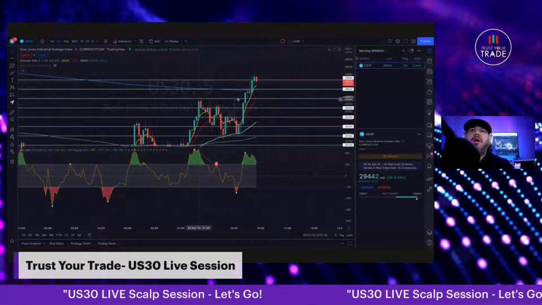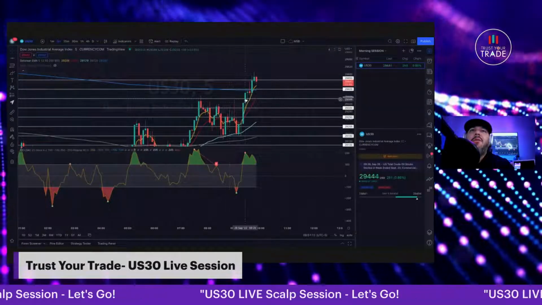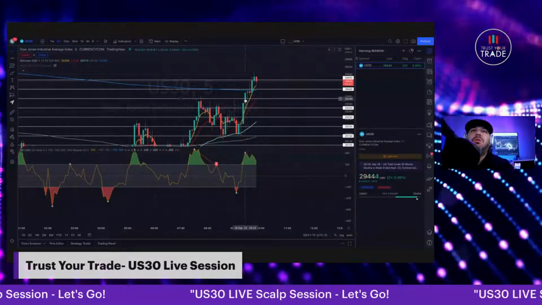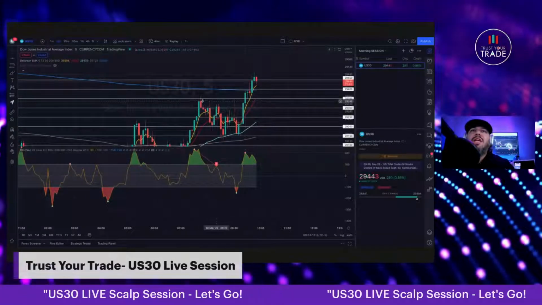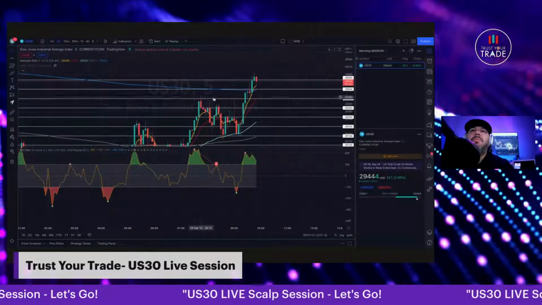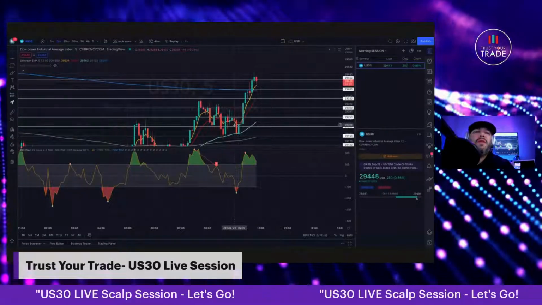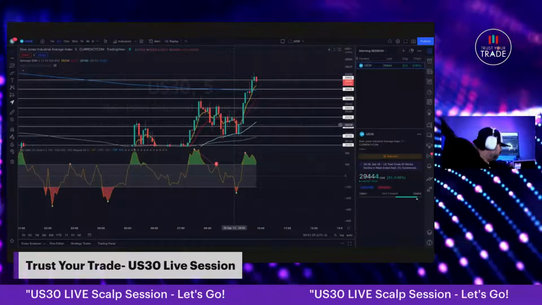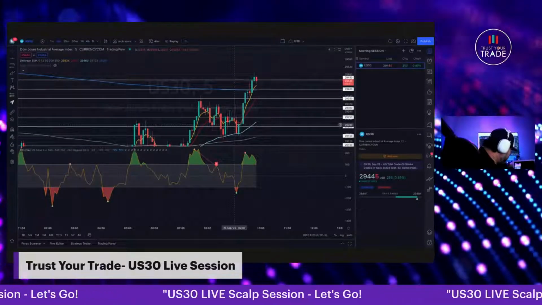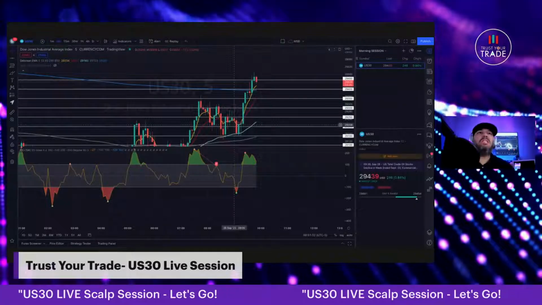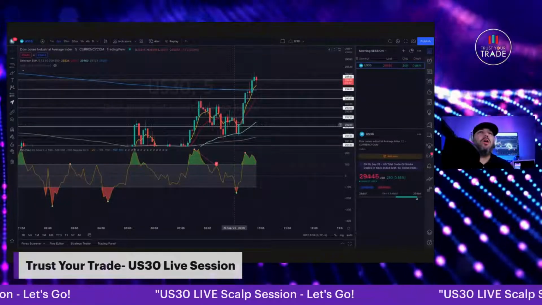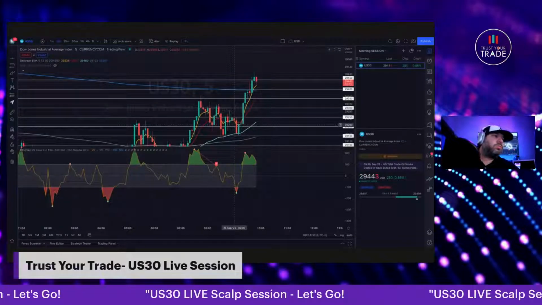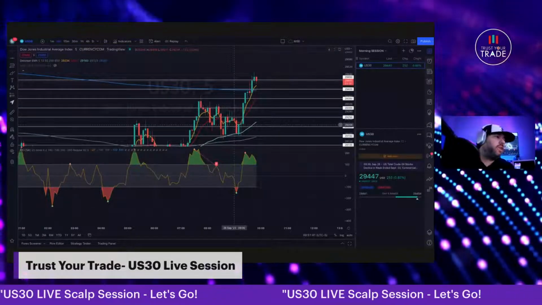Again, she respected here, she respected here, and then we finally broke through on this 9:25 candle. I could see us possibly respecting this 29,350. Let's go. Big drops. That's about a 100 point drop right now.